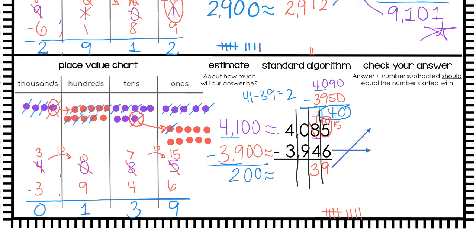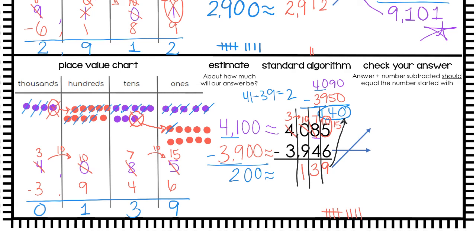So we could do it the quick way, or we could regroup and say, all right, I'm going to take 1,000 and regroup it into 10 hundreds. 10 minus 9 is 1. 3 minus 3 is nothing. So I still have 139, which is very close if I round to the tens to 140. And it's kind of close to 200.